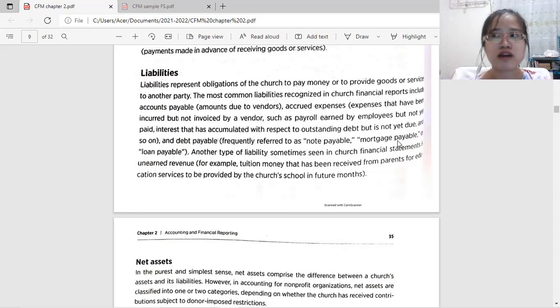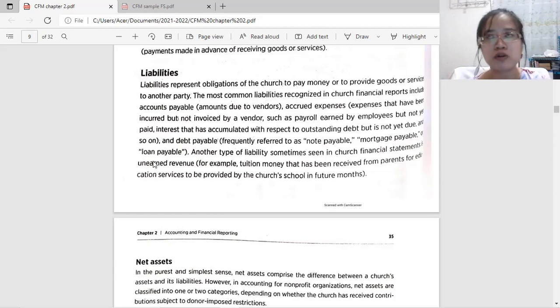For example, you borrowed money to build a building and you use the building itself as collateral, so in case you are unable to pay the loan back, the lender or the bank would become the owner of the building. So that's mortgage payable.